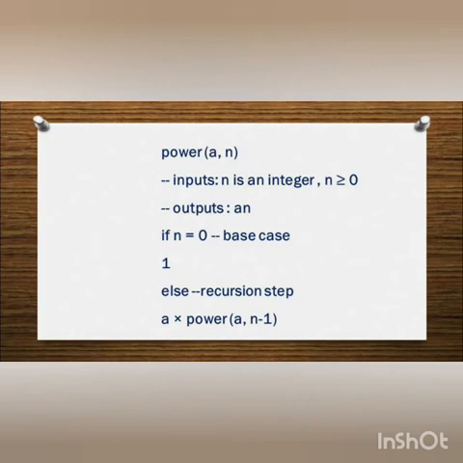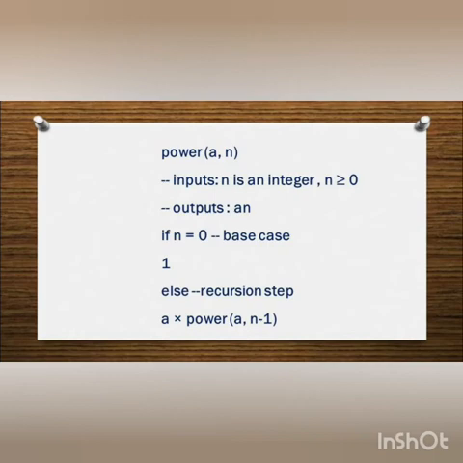Then the final output is a power n. Then if n is equal to 0, that is the base case. So if it is small enough, then that will be considered as a base case. So it immediately provides the result as 1. Else we have to follow the recursion step.